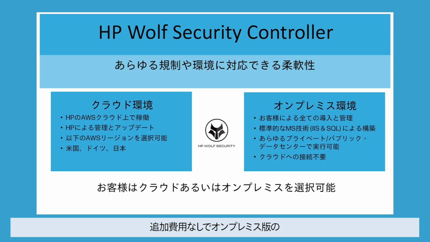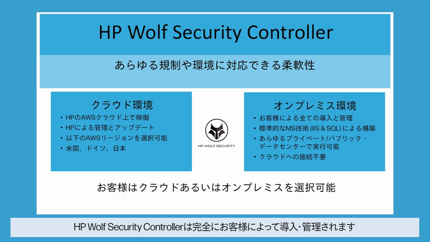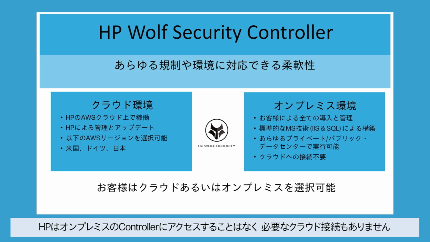Now, for those customers that don't want to use a cloud controller, we give them the option, at no additional cost, to run an on-premise version of our Wolf Security Controller. The Wolf Security Controller, when run in on-premise mode, is fully deployed and managed by the customer. HP has no access to the on-premise controller, and there is no cloud connection that is required.